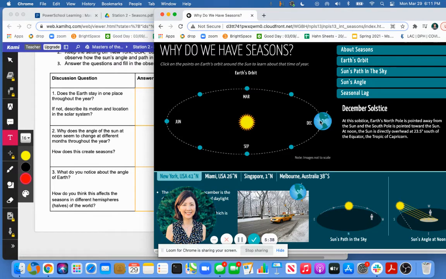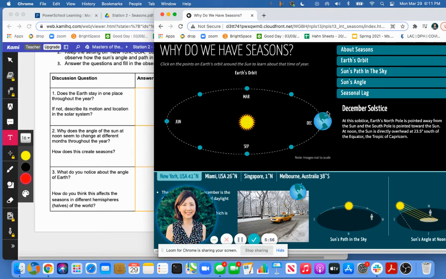If you notice, the middle of the Earth seems to always be getting some direct rays, so the middle of the Earth is hot all the time. They don't really get winter, they're always in summer. And then what do you notice about the angle of the Earth?